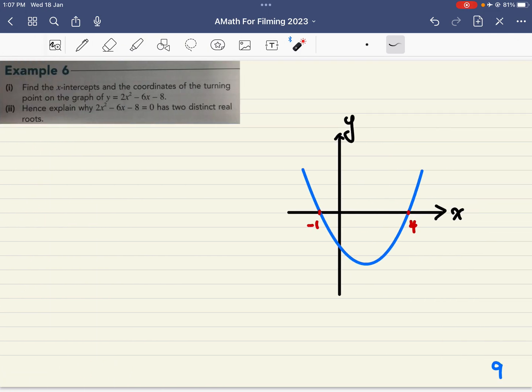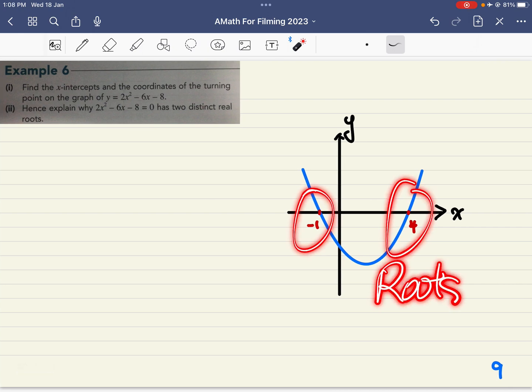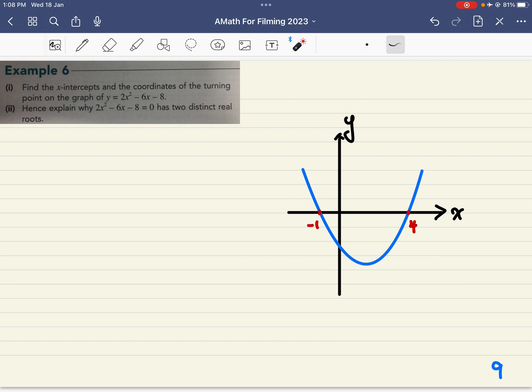Now, if you notice, I've already found these two points, which are called the roots of the equation. Now I just need to make a statement there. Because they ask you to explain, you need to write words.